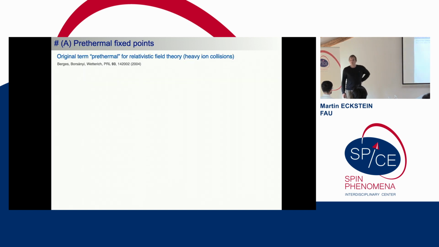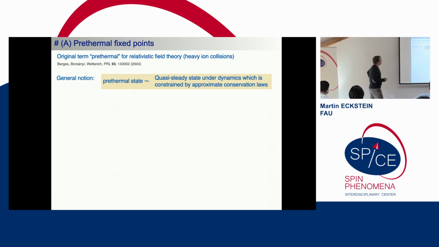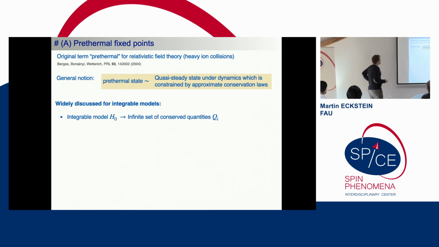So the notion of pre-thermalization comes from high energy physics. The term was developed in the context of heavy ion collisions. I would generally view this as a quasi-stationary state that arises due to constraints in the dynamics, constraints which correspond to conservation laws. And where this is mostly discussed is in the context of integrable or weakly integrable systems, where an integrable quantum system is one that actually has an infinite set of constants of motion, which are analytic objects, and not just the energy and particle number.